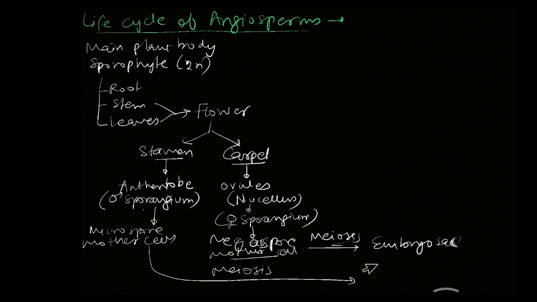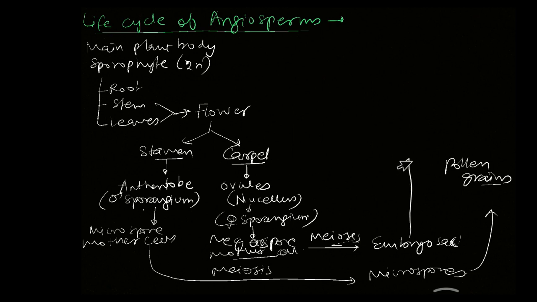Then microspores, and these microspores are converted into pollen grains. In this embryo sac, the female gametes are produced, and in the pollen grains, the male gametes are formed.